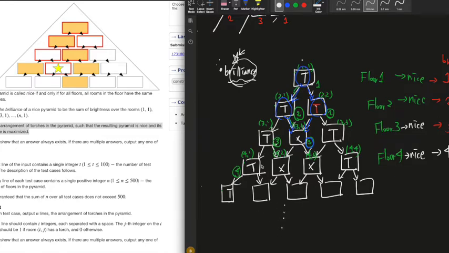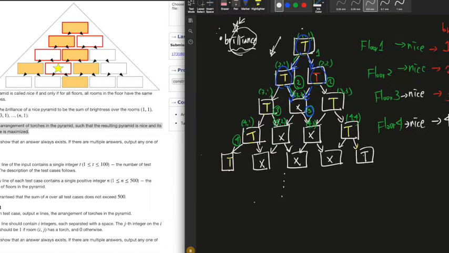So it goes on and on. You can find the rule by doing this. As you can see, all the side rooms are checked as T, right? Left side and right side, they all have torches, and except for them, no room has a torch, and that's it.